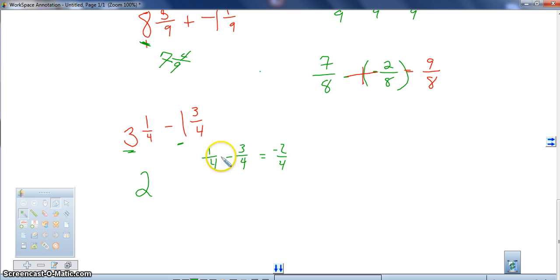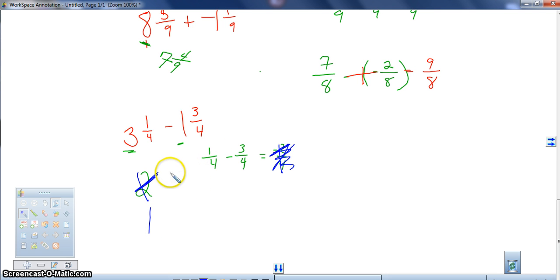So what I have to do is I'm going to have to borrow. Because I have this negative number right here, I'm going to have to borrow. I'm not going to leave that answer. That's not right. Because 1 is smaller than 3, so I'm going to have to borrow. So I'm going to change this 2 right here, I'm going to make it a 1.